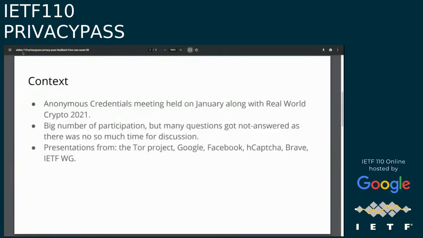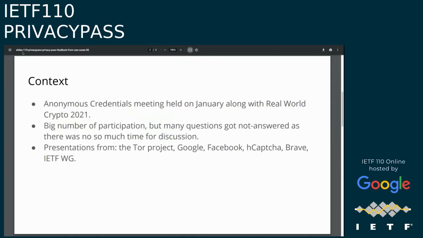Just to give a little bit of context of why this presentation exists, mainly because we held a meeting named the Anonymous Credential Meeting, co-located in January with Real World Crypto 2021. The reason we decided to make this meeting was to hear the feedback from the different use cases that had been using Privacy Pass, or use cases that are not using specifically Privacy Pass as written, but work that is derived from it or a different protocol based on anonymous credentials.